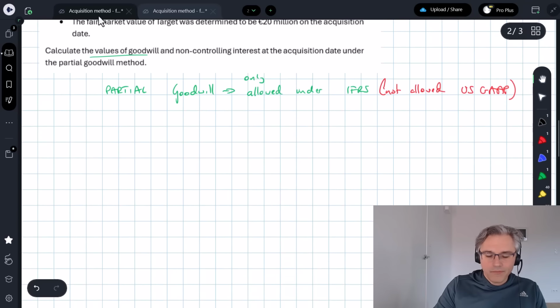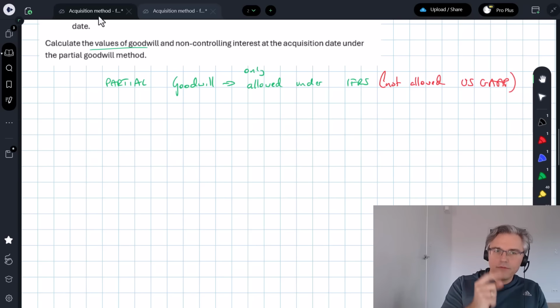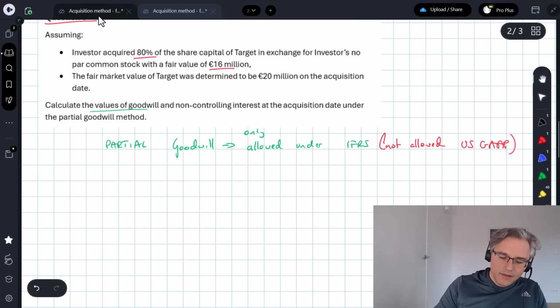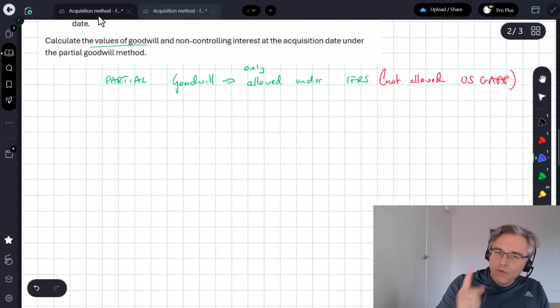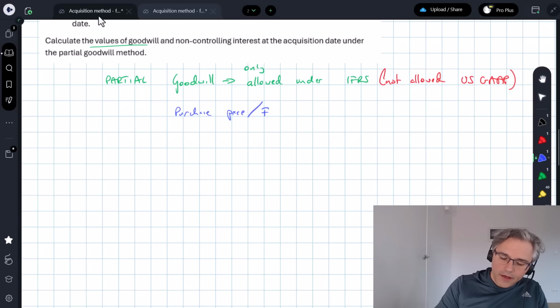But now, this percentage is not going to be 100, it's going to be proportionate, so it will now become whatever the question tells us, 80%. So we take the purchase price, or as we should probably call it, the fair value.